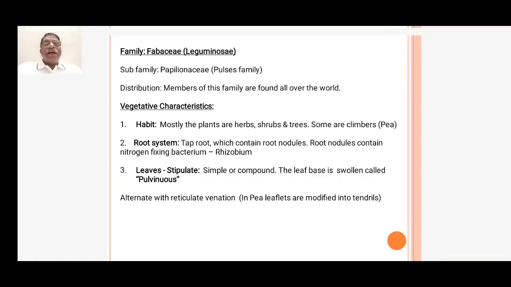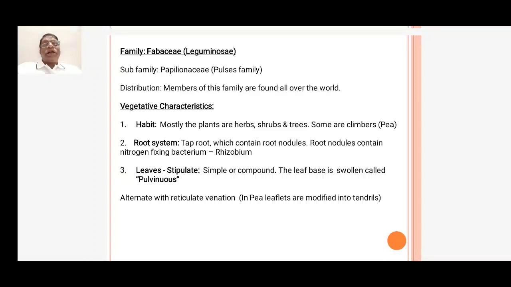It means members are found in India, in Europe, in Africa, in Australia, in all the continents.